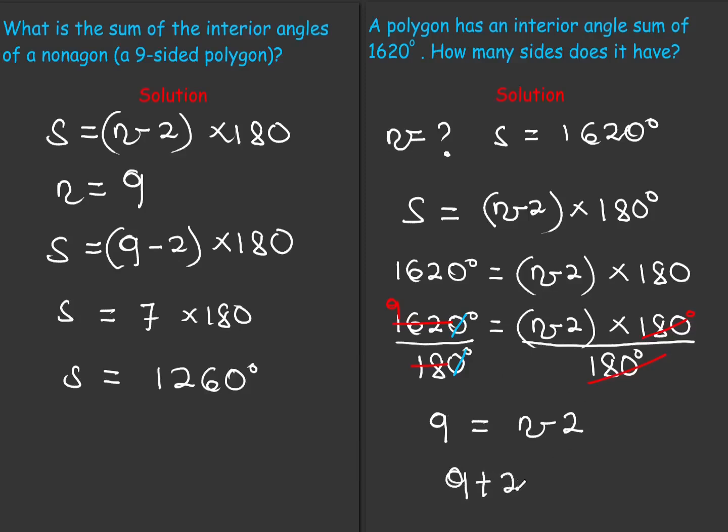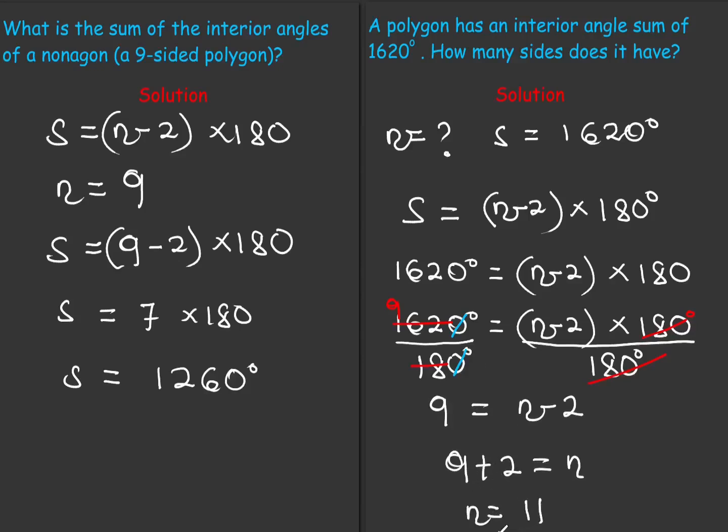So 9 plus 2 is equal to n. Simplifying further, n is equal to 9 plus 2, which is 11. So our polygon is actually an 11-sided figure. It has 11 sides. And what is a polygon with 11 sides? What is its name? You can let me know in the comment section.